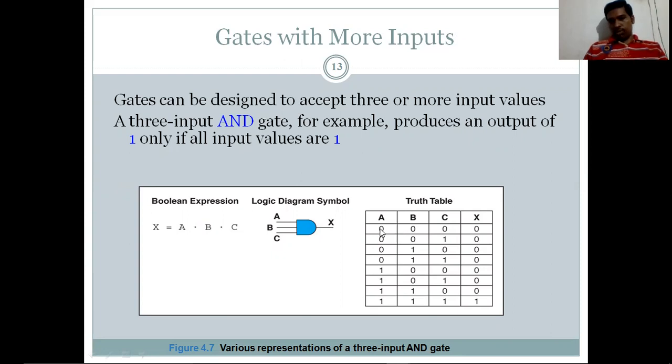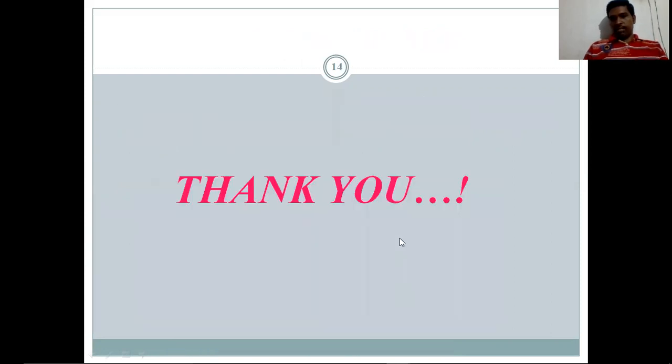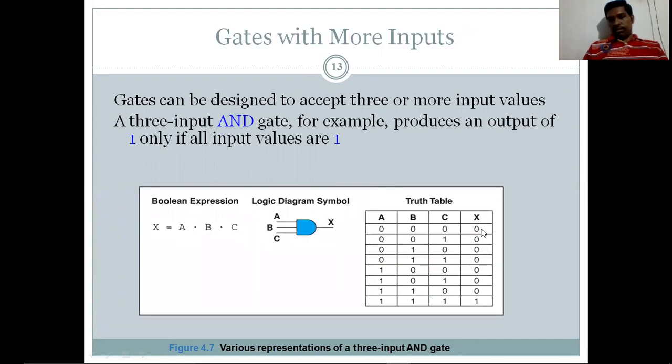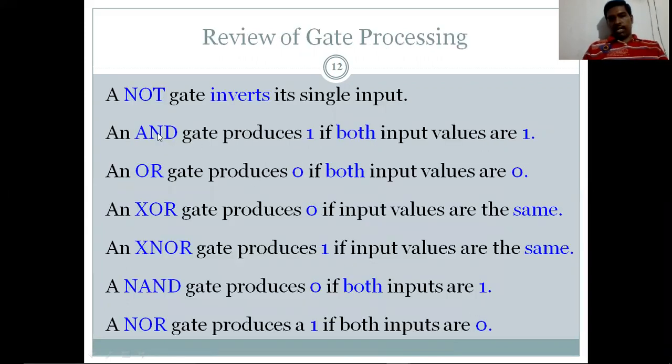So I wrote the 8 combinations here, right? And then I have written the values here. So as it is an AND gate, I will multiply A into B into C. This is the output expression for this particular gate. So I will get x equal to 1 only when all the inputs are high. See, already I have given here, an AND gate produces the output 1 if both input values are 1.